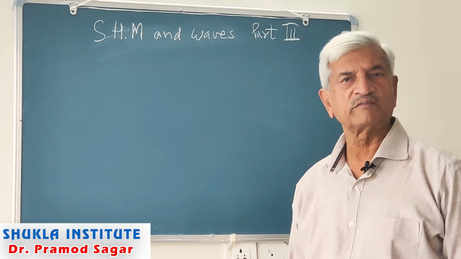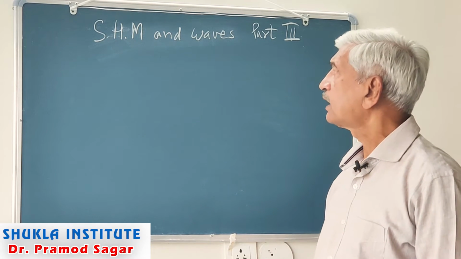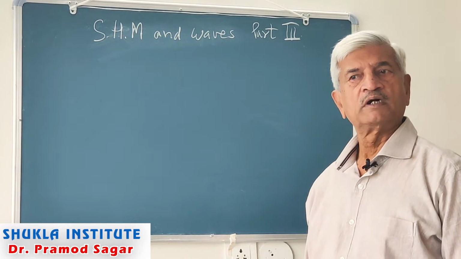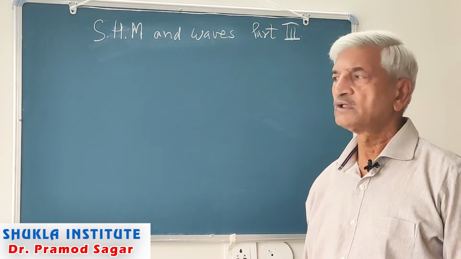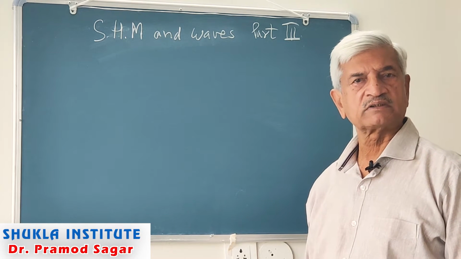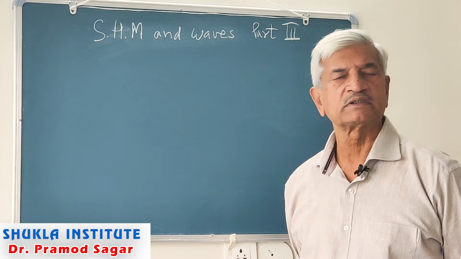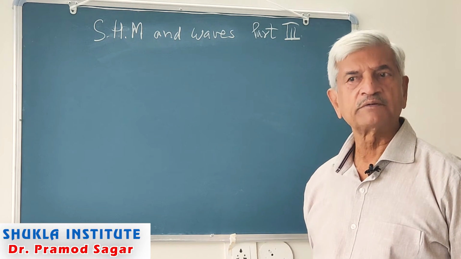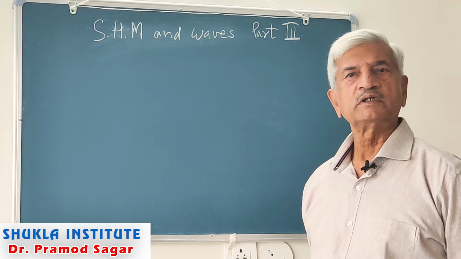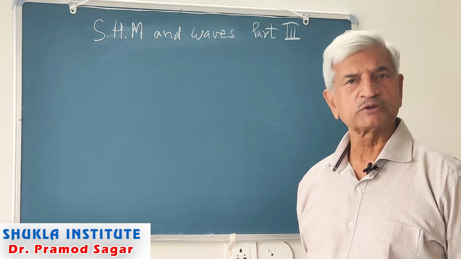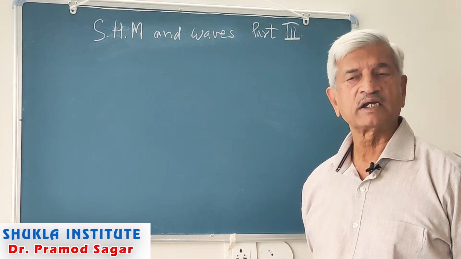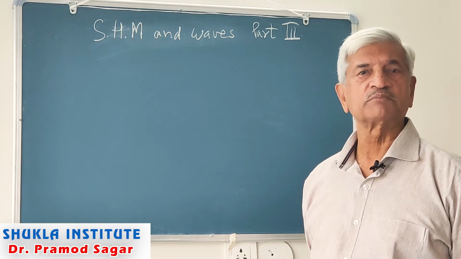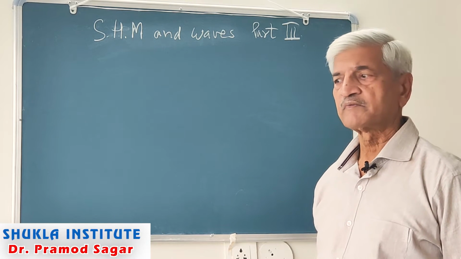We shall continue our discussion about simple harmonic motion and waves from the last two parts, where we discussed that periodic motions will be termed as simple harmonic motion provided the acceleration is proportional to displacement and acceleration and displacement are oppositely directed.